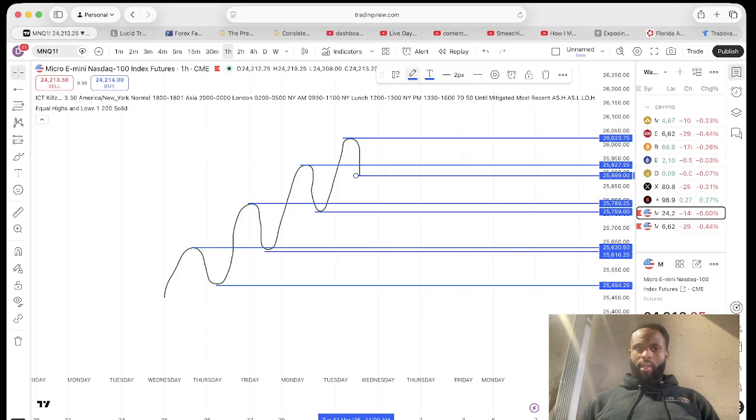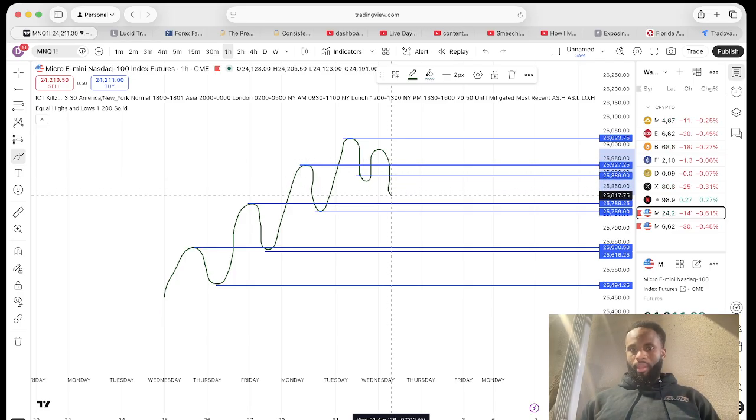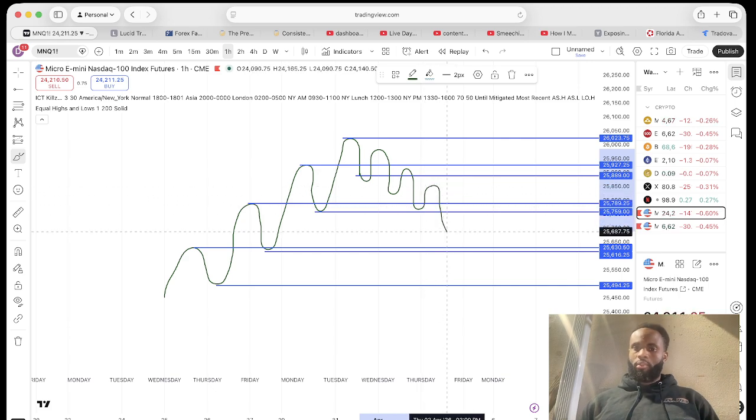the market decides that it doesn't want to make a higher high, and we make a lower low. We make a lower high to then create a lower low, and then a lower high, lower low, lower high, lower low.